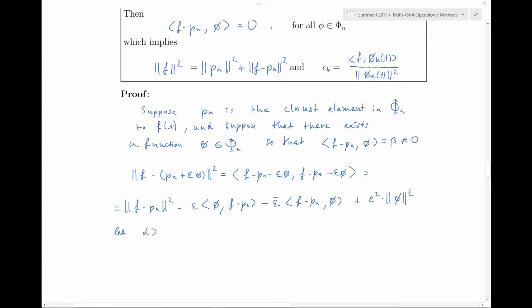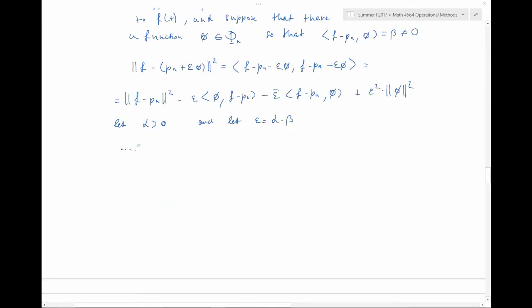Suppose I take the number alpha greater than 0 and let epsilon be alpha times beta. Then the above equation equals the norm of f minus P_n squared minus alpha times beta times the complex conjugate of beta, so it's times beta bar, minus the complex conjugate of epsilon, which is going to be alpha bar times beta bar times beta.